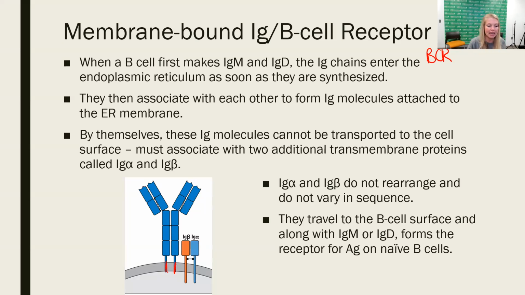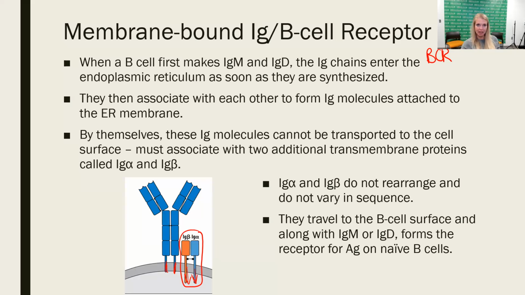And that is how they stay attached. But now the B cell receptor actually includes another set of protein chains called Ig beta, Ig alpha. They're important because their tail that extends through the membrane is longer than the immunoglobulin, and so it can signal better. Signaling occurs through Ig alpha, Ig beta.